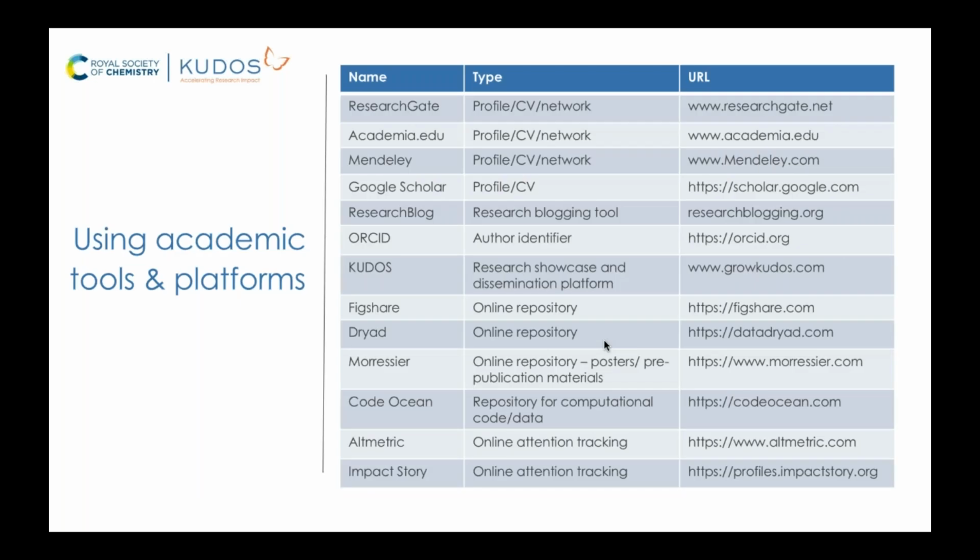So I've just put together here a quick summary of some of the main academic tools and platforms, and these are all listed in the workbook that you can find under the Handouts tab on the webinar software.